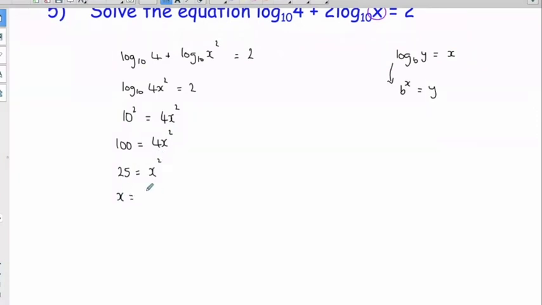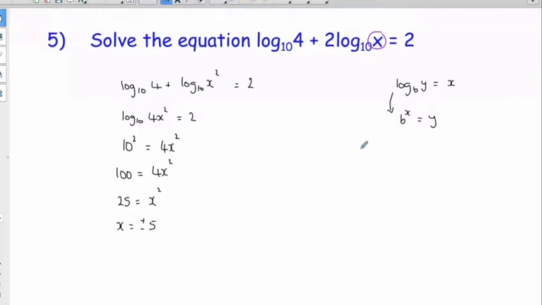Now, for this only time, I'm going to write plus or minus 5. However, there is another rule that I've not spoken to you about yet, and this comes from the graph of logs. You cannot log a negative number with any base at all. If I do on my calculator log to the base 10 of -3, you get an error.